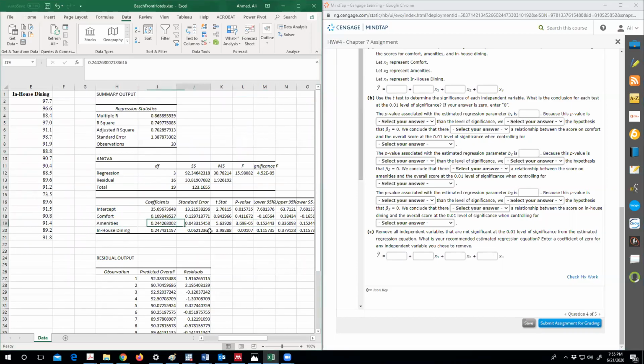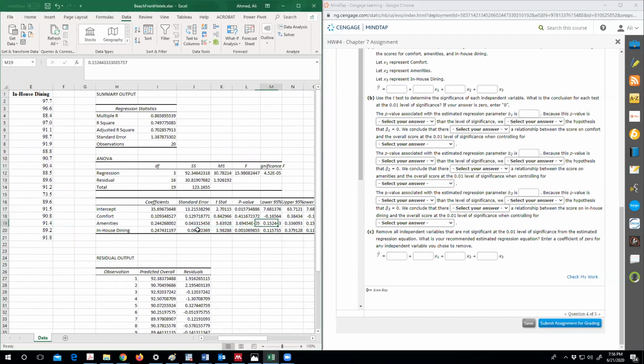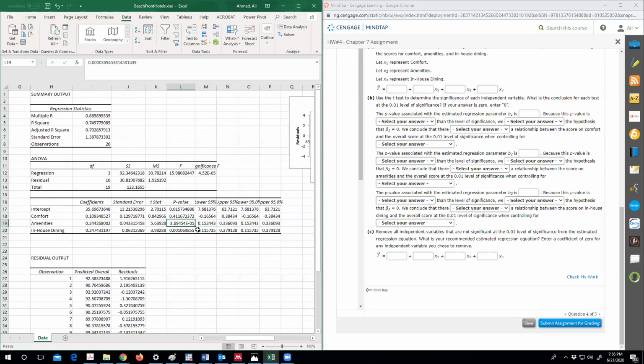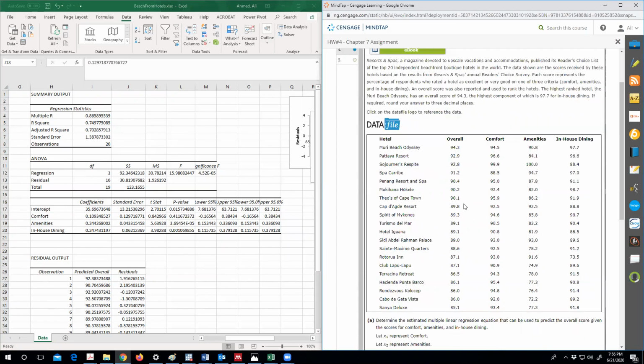What they are actually asking is whether these coefficients are different from 0 or not. In regression, I have found this coefficient, but this is on a very small sample. This is the effect of comfort on overall quality score.